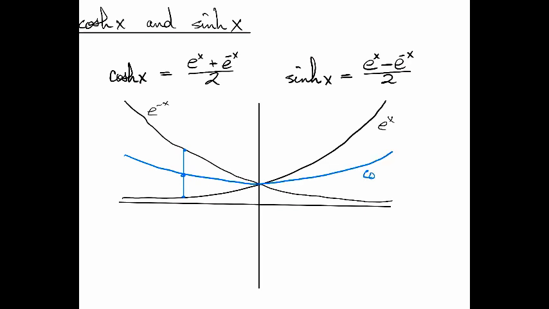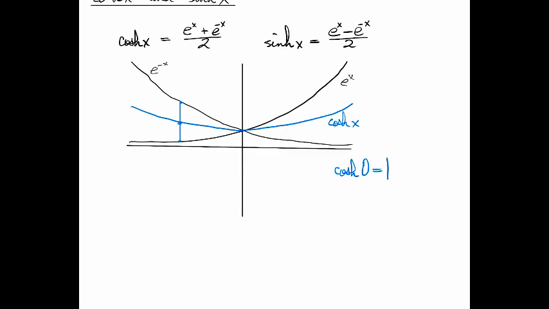Okay, so there's cosh x. And in particular, hopefully you can see from this, or else you can see just by looking back at the definition, that cosh of 0 is equal to 1. Some other things should be evident from this picture, and that is that cosh x is always at least equal to 1.